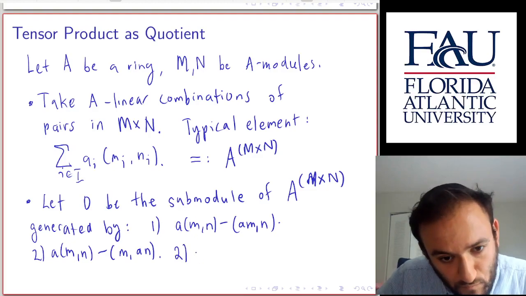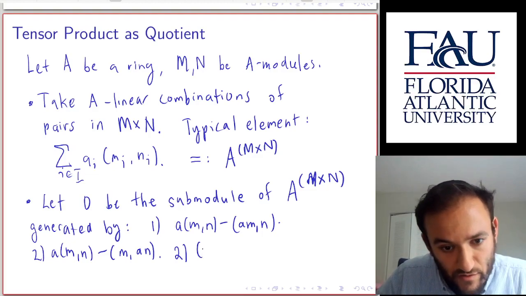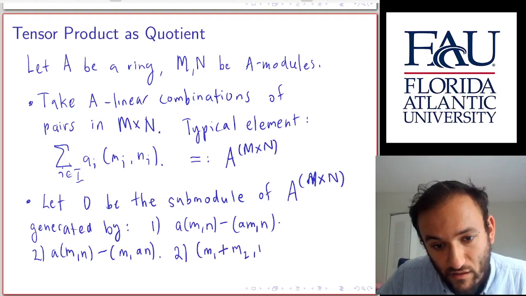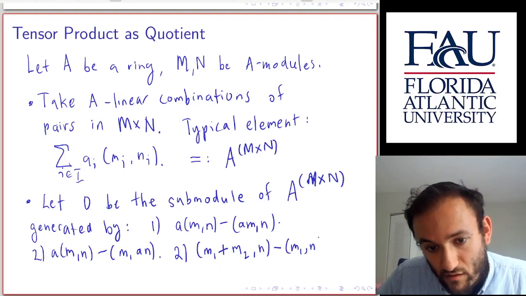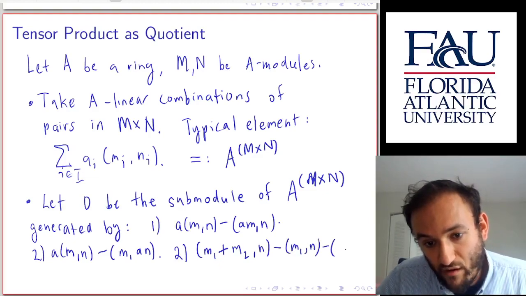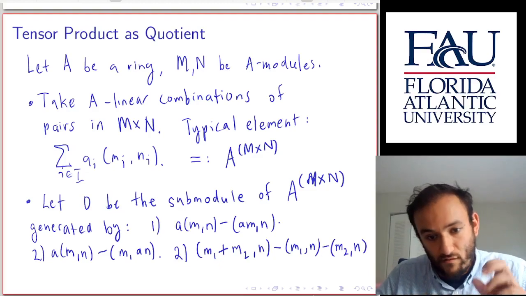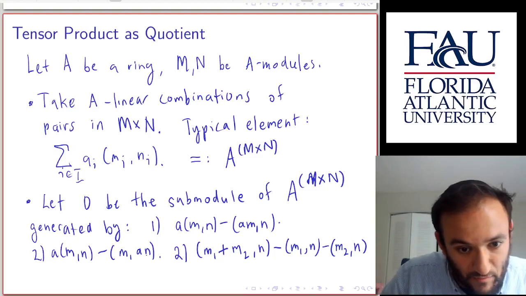Okay. Next, we're going to have linearity in each factor. So we want (m1 + m2, n) to be equal to the sum of the two pairs separately, (m1, n) plus (m2, n). Okay, so you can add the two pairs, and you can combine them in the first factor.